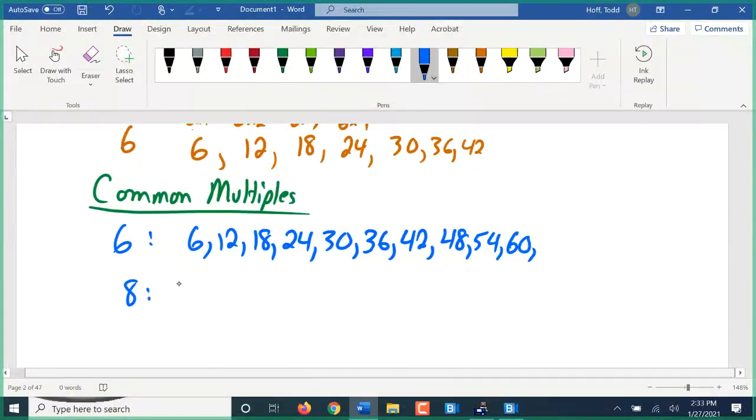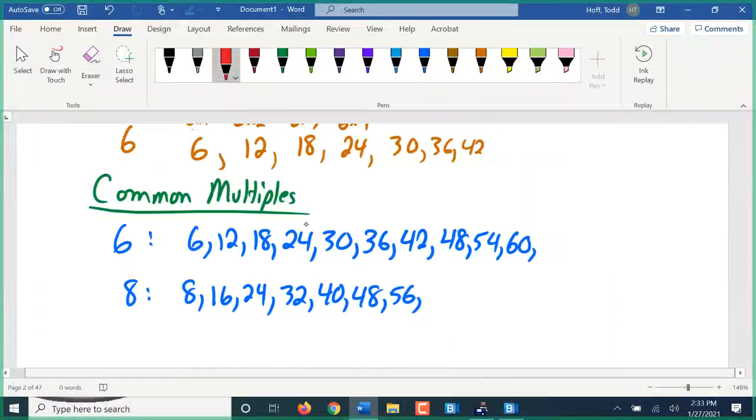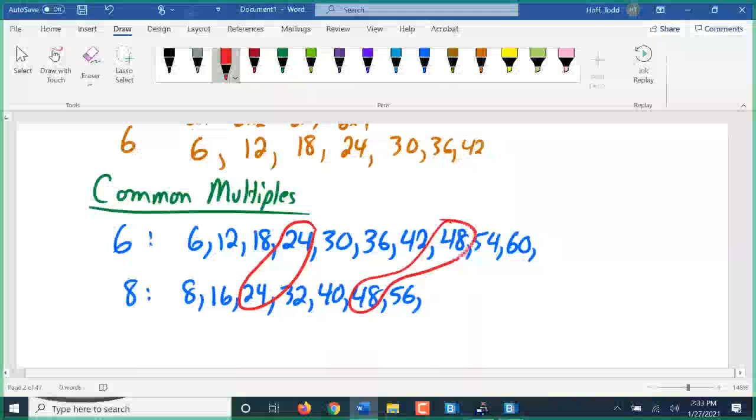For 8, it's going to be what? 8, 16, 24, 32, 40, 48, 56. Let's stop there. We found a couple of them that are common. We've got 24 that's a common multiple, 48 that's a common multiple, right? Well, you keep going, there's going to be more of them. There's going to be an infinite number of common multiples.